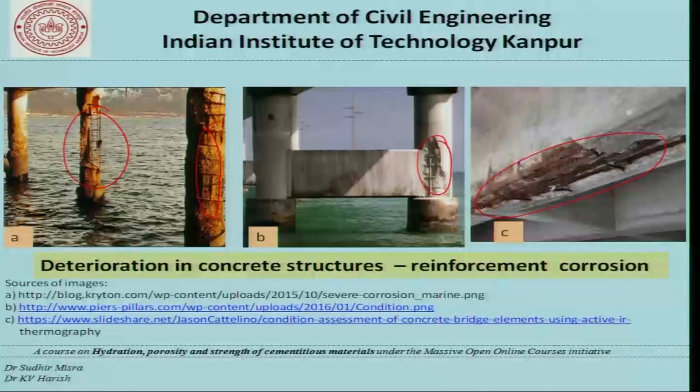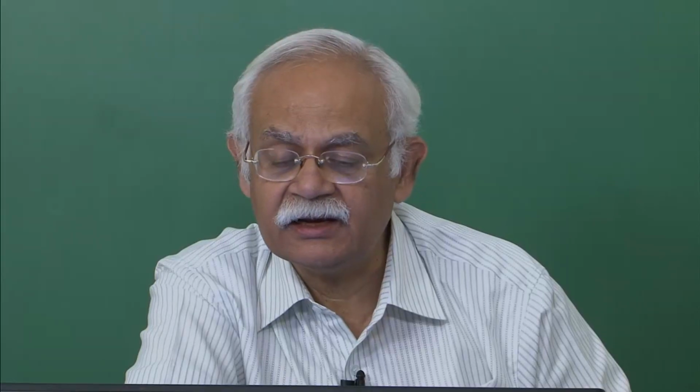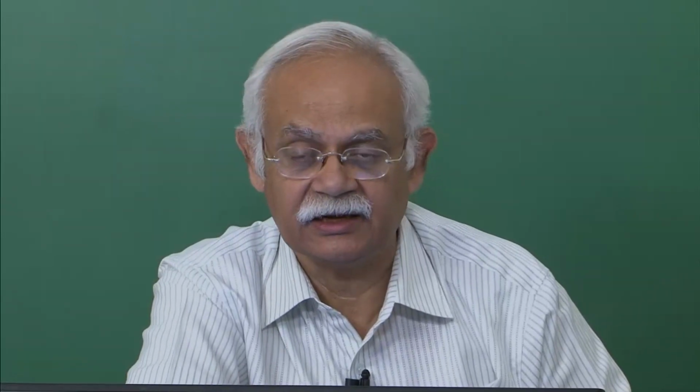So, all these illustrations of reinforcement corrosion make us aware of the fact that reinforcement corrosion and the need to protect the reinforcement from corrosion is an important aspect of designing concrete structures, and what we can do is to actually use our knowledge of the hardened cement paste and the mechanism of densifying the hardened cement paste to our advantage to ensure such design.